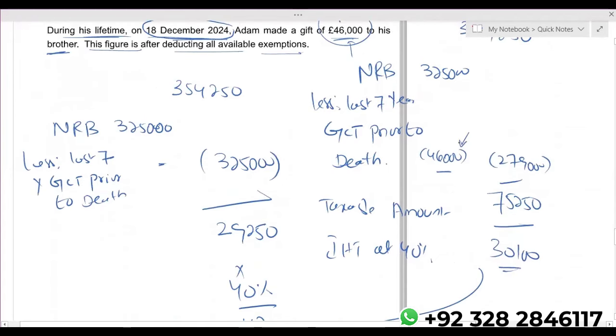46,000 was there. There is a shortcut available, but sometimes students get confused in the shortcut. The shortcut to solve the same question: if Adam died on January 25, then 46,000 will reduce your nil rate band. And when 46,000 is reducing your nil rate band, technically you are getting a lower nil rate band and you are paying more IHT liability. But if Adam dies in 2032, then 46,000 will not reduce your nil rate band, so you will be getting an additional 46,000 nil rate band.